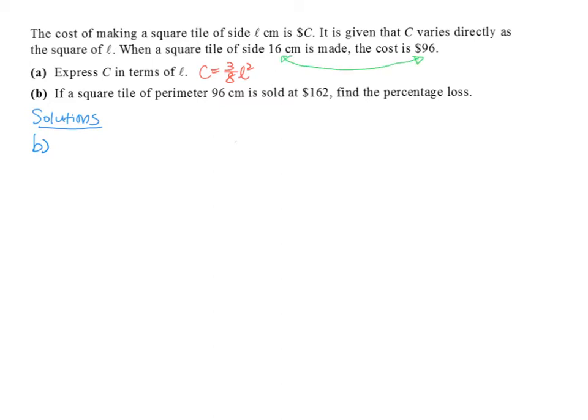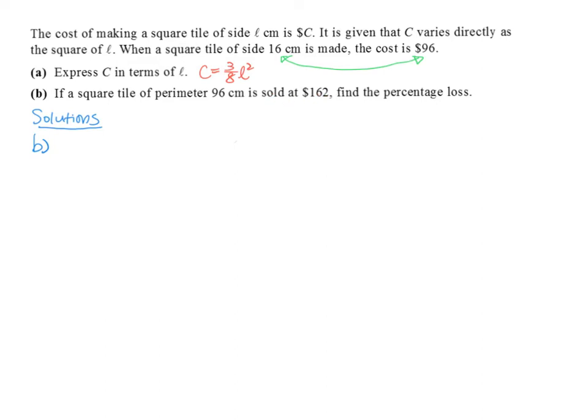Now if you look at part B, if a square tile of perimeter 96 cm is sold at $162, find the percentage loss. Don't be mistaken that this 96 cm is a pair with 162, because 96 is not L, because it's a perimeter, so we have to find L. The other thing is C is the cost, but 162 is what?